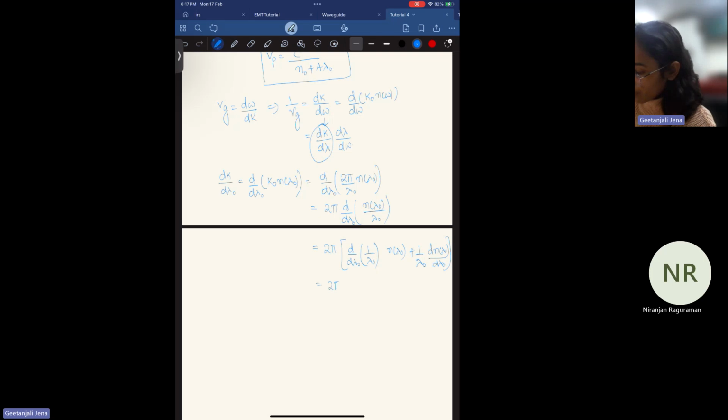And this will give 2 pi times minus n of lambda 0 over lambda 0 square plus 1 by lambda 0 dn over d lambda 0.